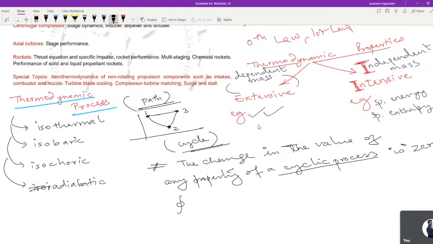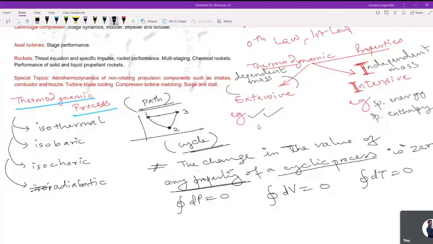That means if I consider the pressure, over the whole cycle it has to be zero. The specific volume, it has to be zero. The temperature, it has to be zero. Whatever the property of a cyclic process, the change has to be zero. This is one of the important topics.